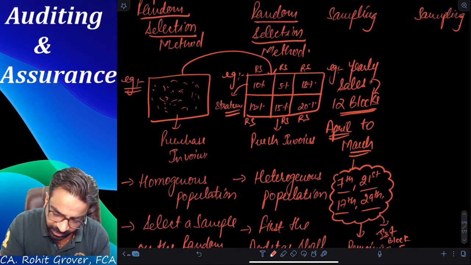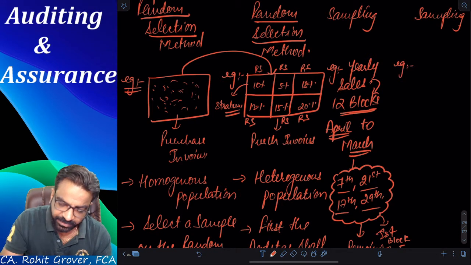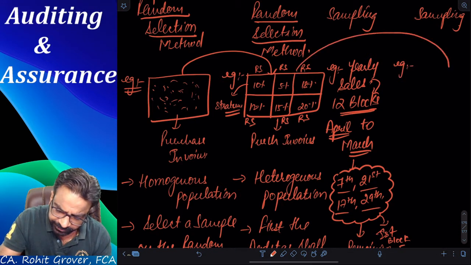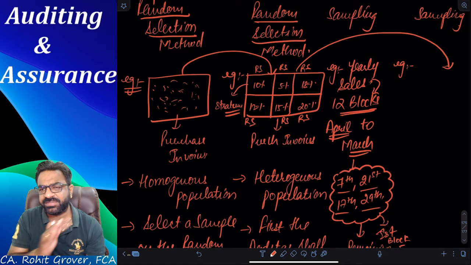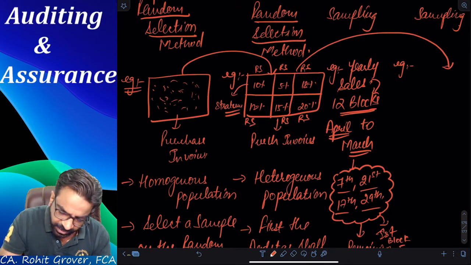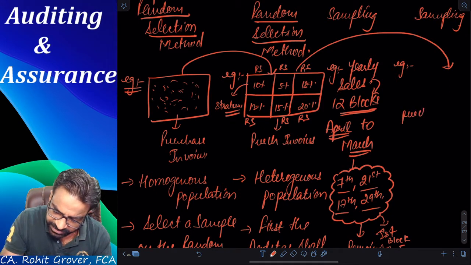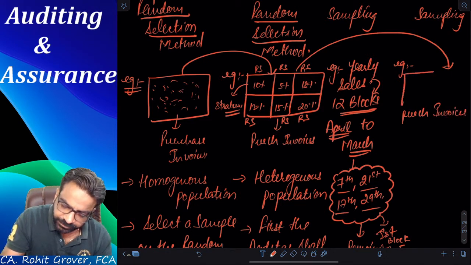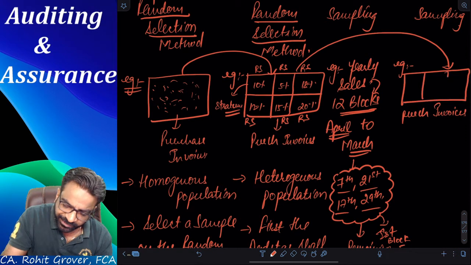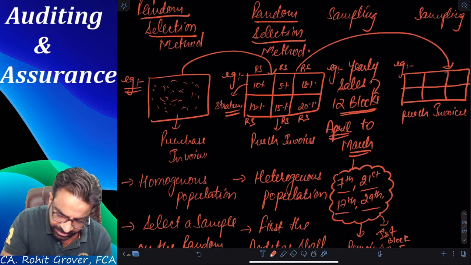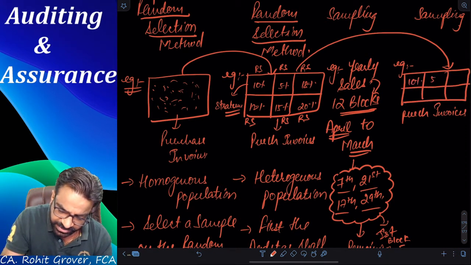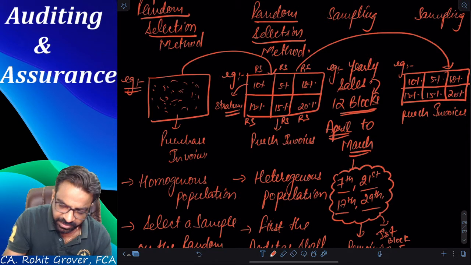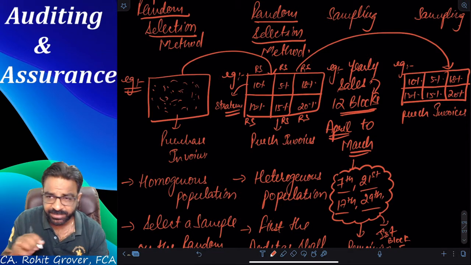In the fourth method, what we'll do, the same example I'm going to take so that you can have a comparison between the last three methods. Here also I'm verifying the purchase invoices. Here also I divided the population into 6 populations: 10% purchase invoices, 5%, 18%, 12%, 15%, and say for example 25%, 20% GST.